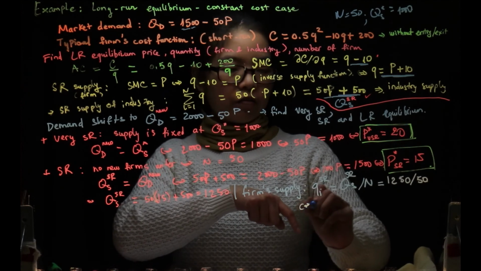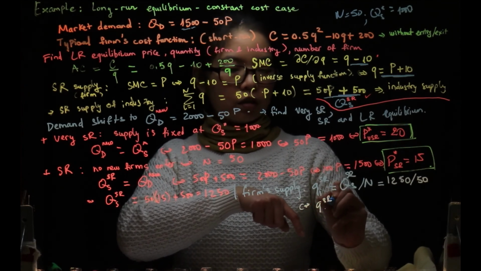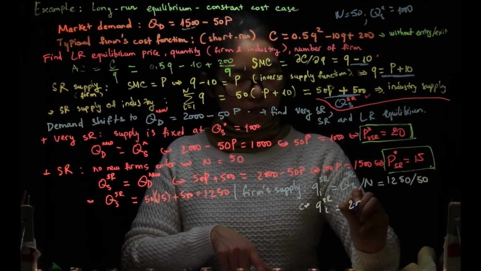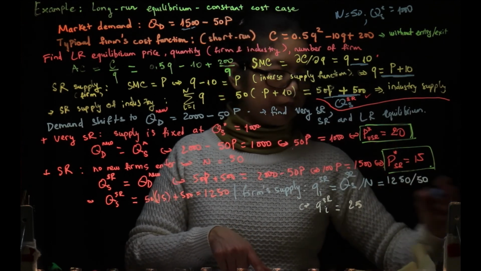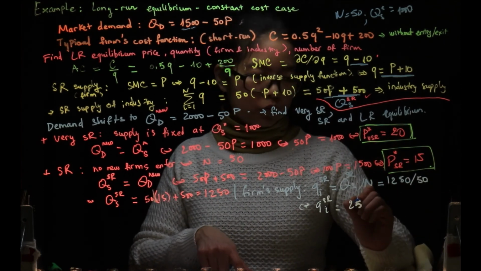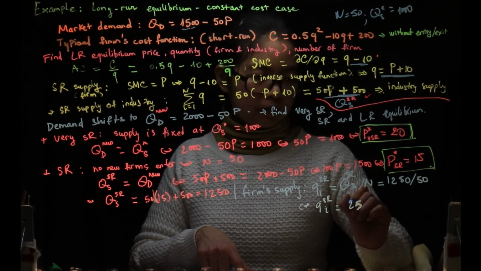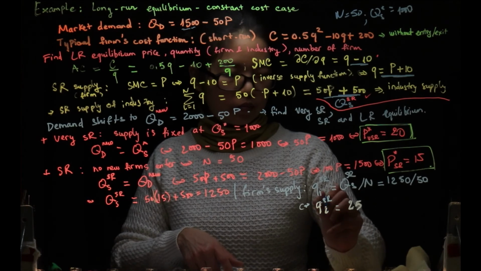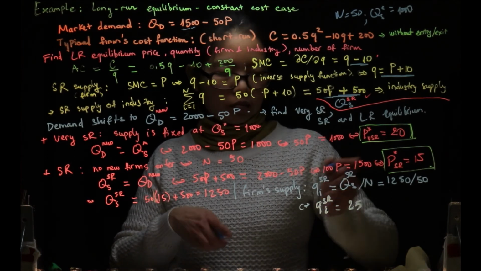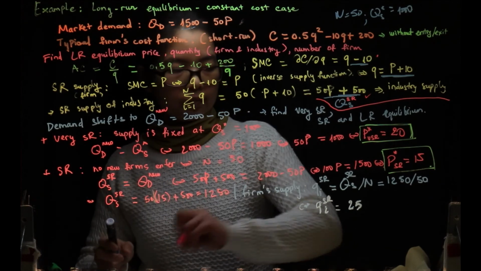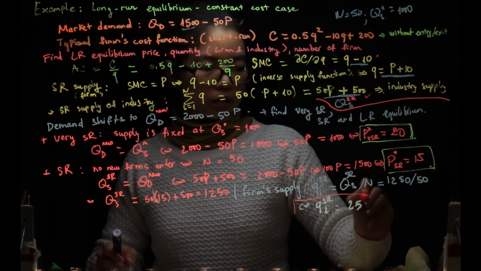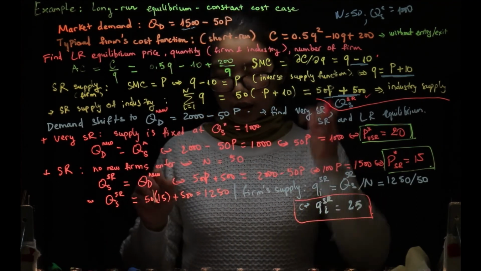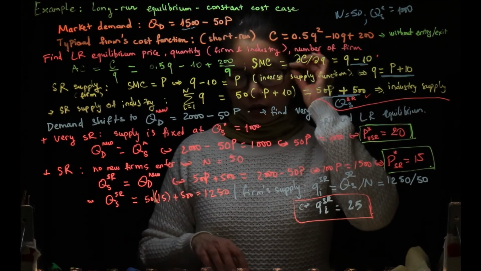At the end we have q short run equals 25. This is for the short run new equilibrium once demand shifted.